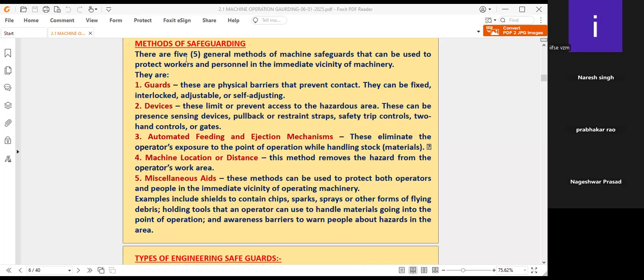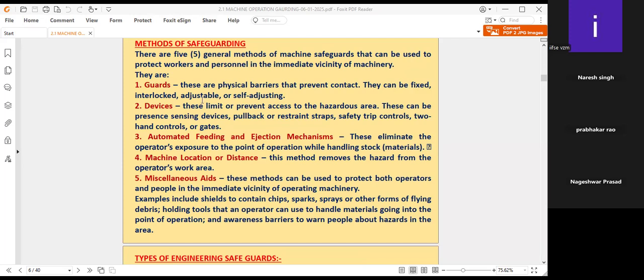There are 5 general methods of machine safeguards that can be used to protect workers and personnel in the immediate nearby position of a machinery. They are guards, devices, automated feeding and ejection mechanisms, machine location or distance, or miscellaneous aids.